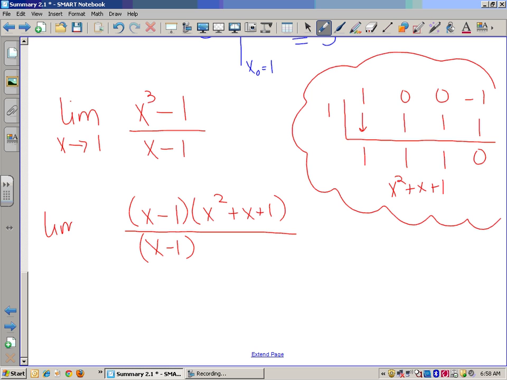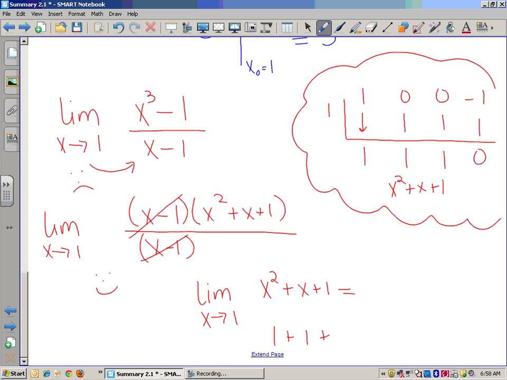And remember, the very first thing I'm checking is, can I plug it in? And the answer is no. Can I plug it in? Yes, now I can plug in. The limit as x approaches 1 of x squared plus x plus 1: plug in 1 plus 1 plus 1, and you get 3.